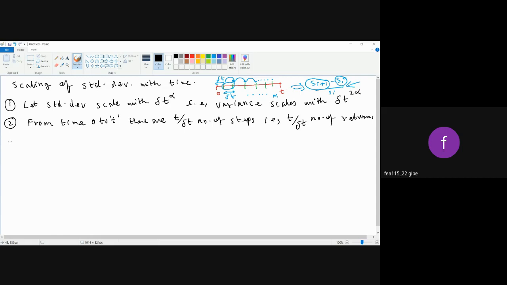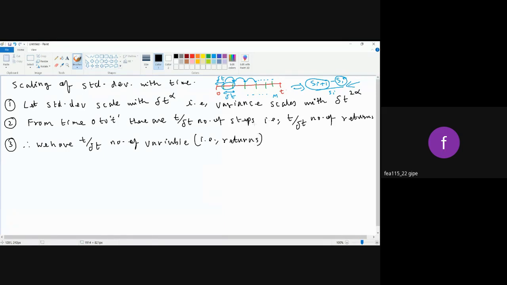Okay. So just a couple more steps. Now we have, therefore, t by delta t number of variables. I can also call that return a type of variable, i.e. returns, because these returns are also something which I can treat as a variable.